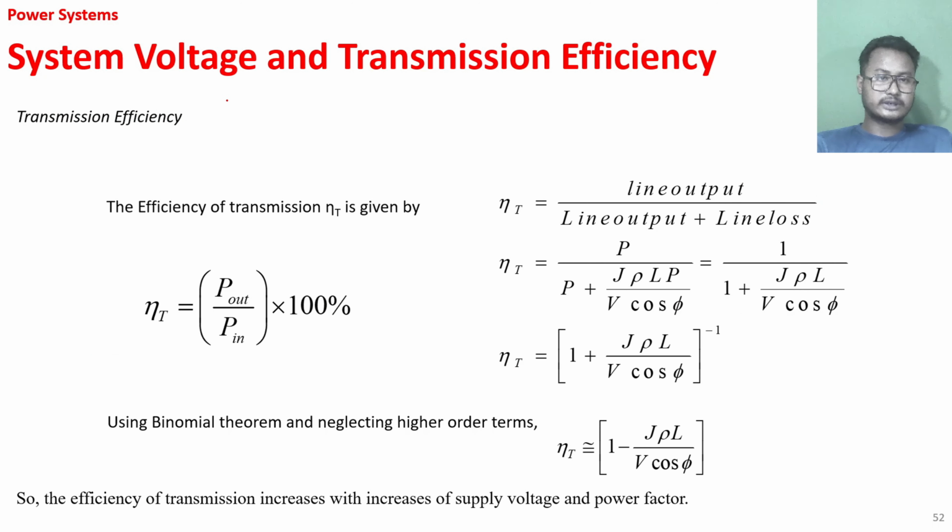Then transmission efficiency. The efficiency of transmission is denoted by eta t. It is the line output divided by line output plus line loss.